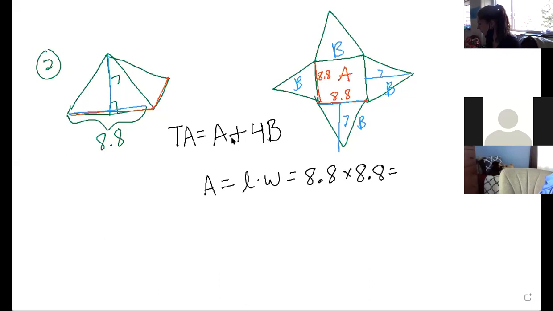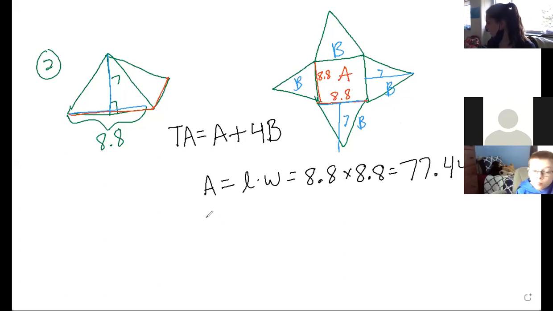And maybe I'll just type it right here on my screen instead of having you calculate it for me. 77.44. Do we get that? 77 and 44 hundredths. Good. But what about B? Do I still use the length times width formula, or do I have to use something different for the triangle?